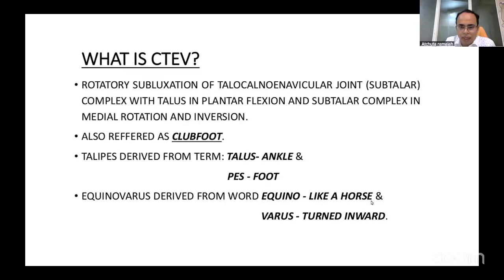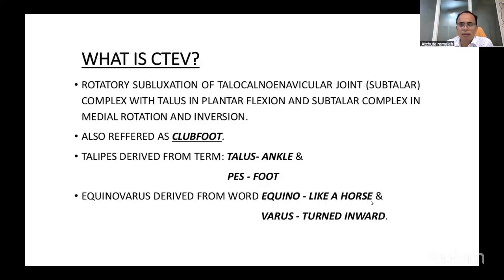So the exact joints involved are the talocalcaneal joint and the talonavicular joint. Under the talus is the calcaneus, in front of the talus is the navicular. So this is the main joint.